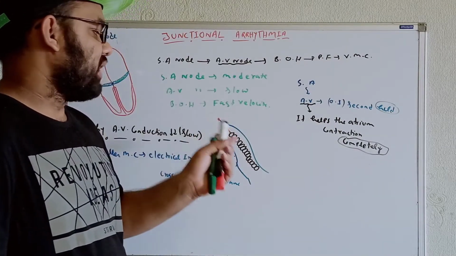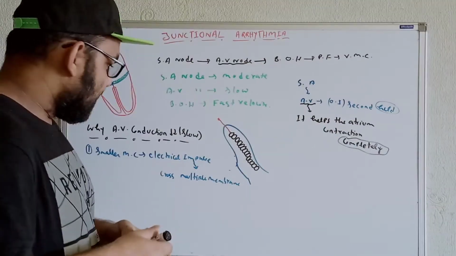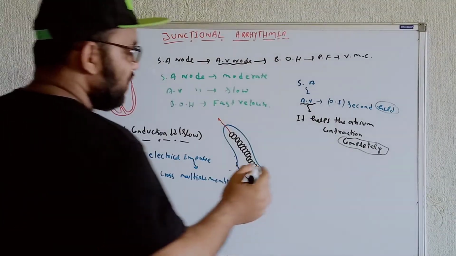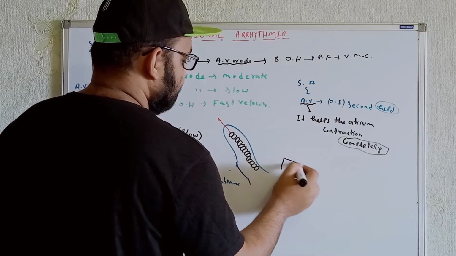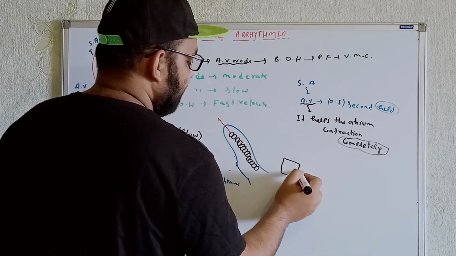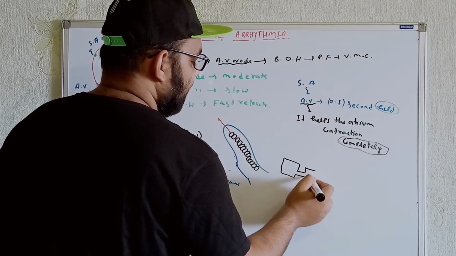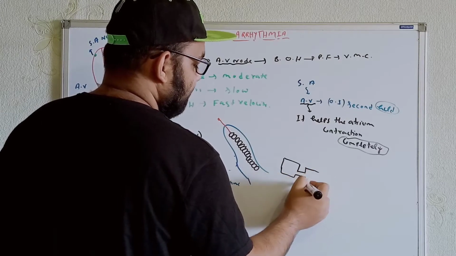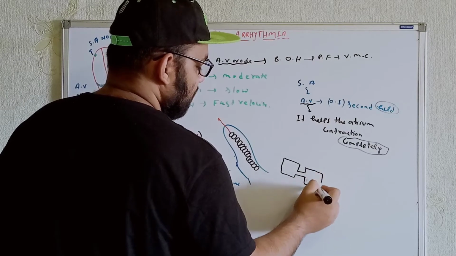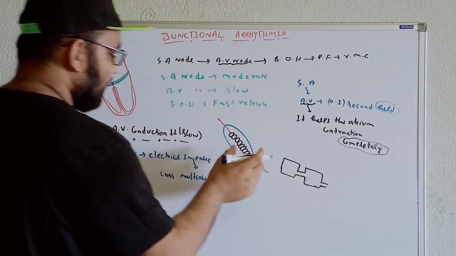Okay. Now the second thing: as we know, in between the myocardial cells there is a presence of gap junctions, or we can say electrical windows, by which it sends the electrical impulse to the subsequent cells. In these cases, we get very few gap junctions.